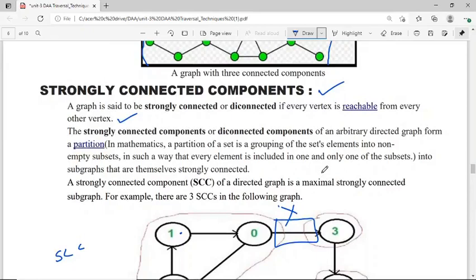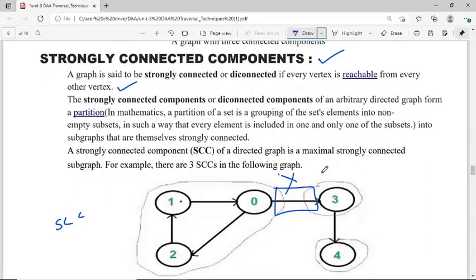When will it be a strongly connected component? When every vertex is reachable from every other vertex, then only it will be strongly connected. If I take the example of 1, if I go from 1 to 0, 0 to 2, yes, I can reach all the vertices present in the graph.